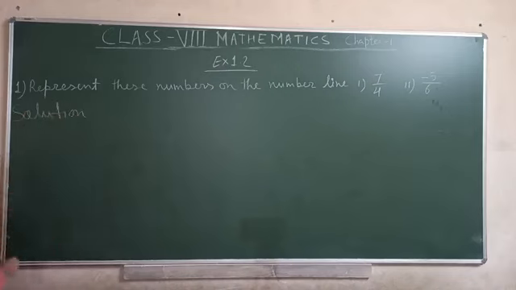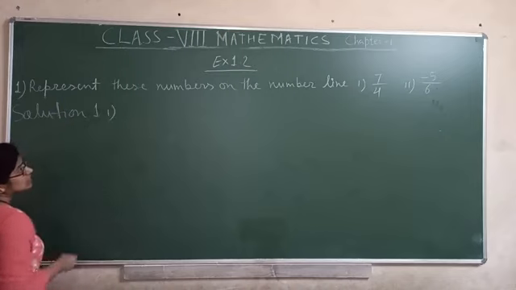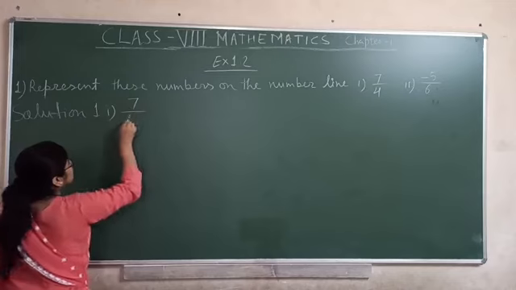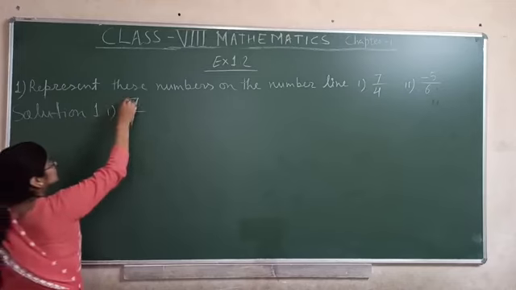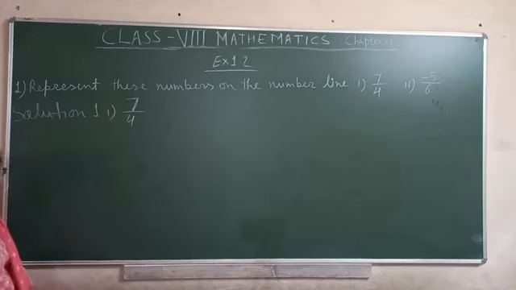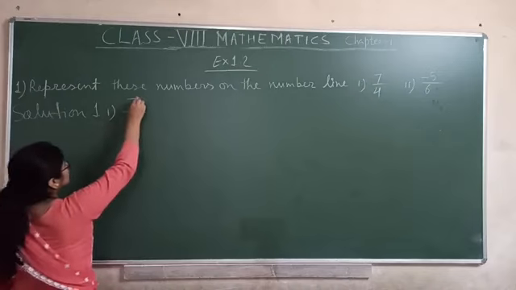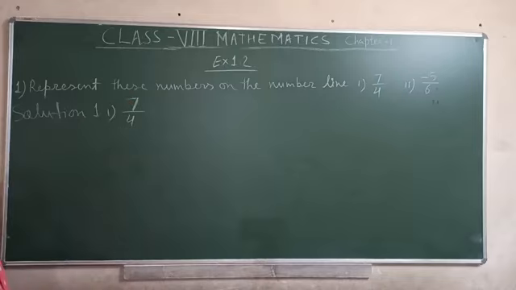Solution of question number 1. First part. First number is 7 by 4. 7 by 4 is a rational number. So first we have to focus which type of fraction it is.